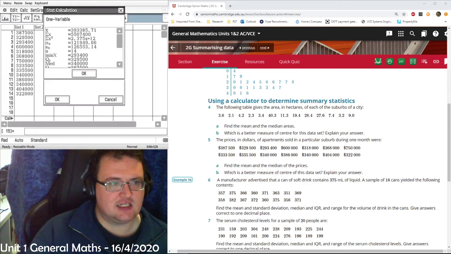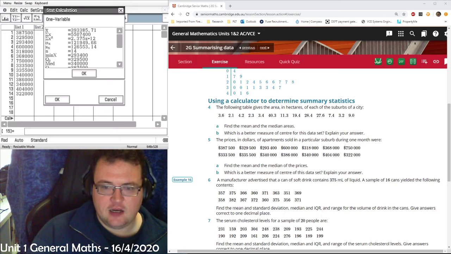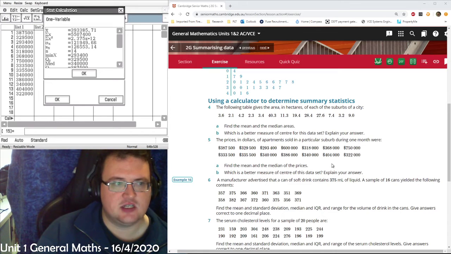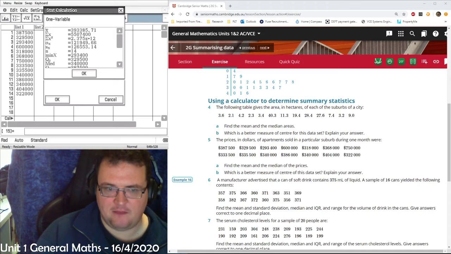390,000, as our CAS calculator is saying, is the mean. There's only 3 numbers that are anywhere close to it, all right? If I were to ignore the 600,000 and the 750,000, if I were to just take those out, my median probably isn't going to change all that much.